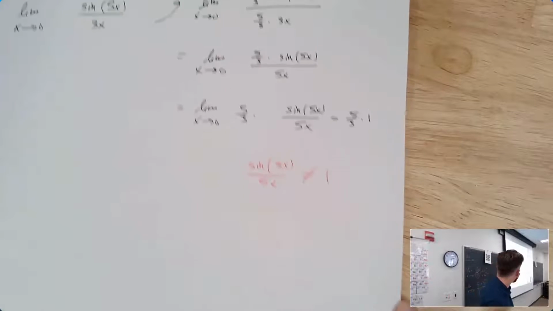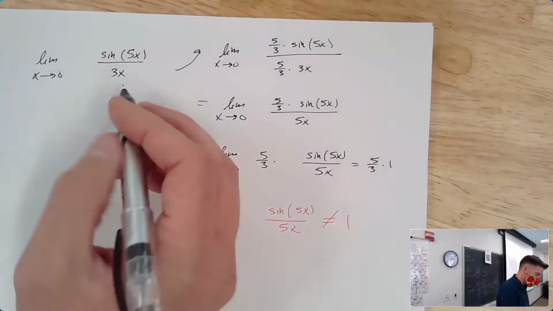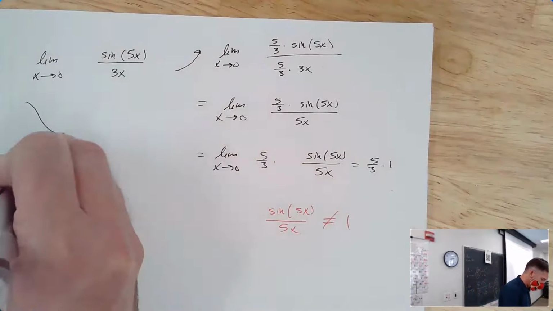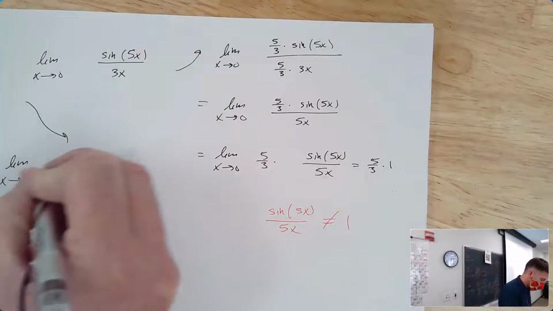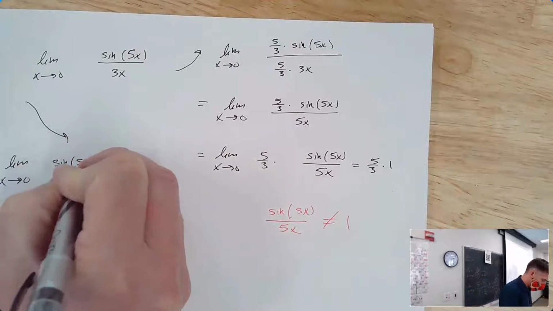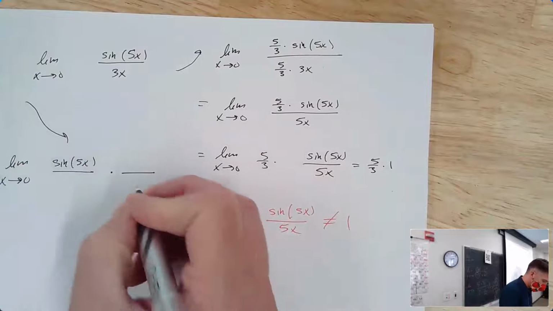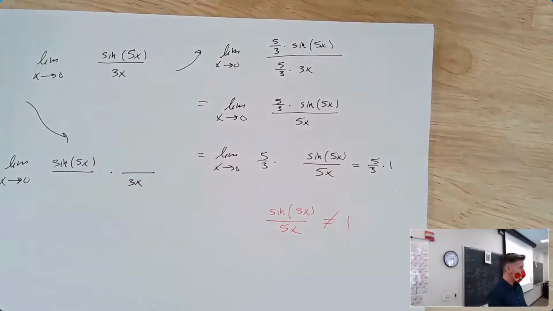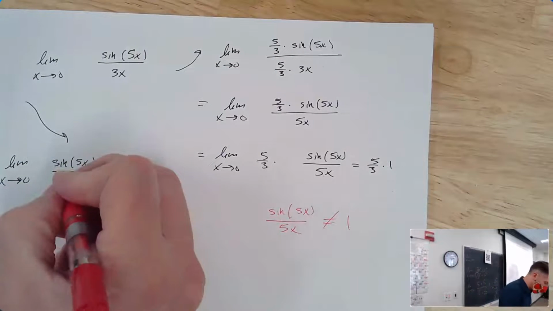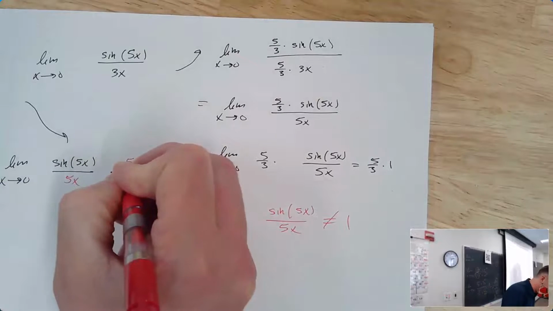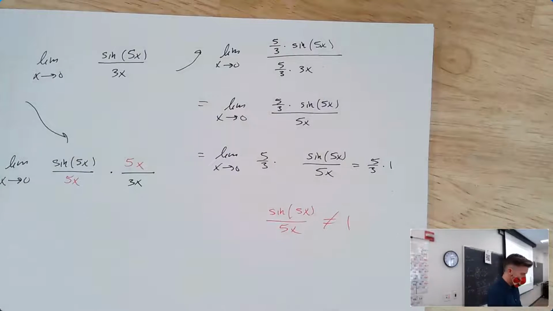Again, if I were doing this limit, I would have done it as the limit as x goes to 0 of sine of 5x times something over 3x. And then I would have said, oh yeah, I would love for there to be a 5x there and a 5x there, and then cancel the x's.